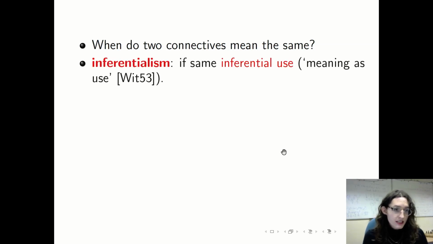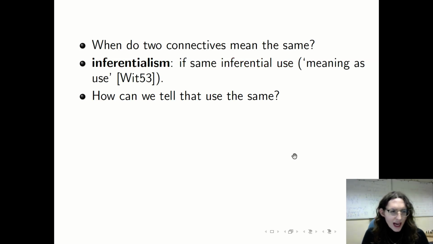Proof-theoretic semantics' standard answer to that question is that of inferentialism. That means two connectives mean the same if and only if we use them in the same way when we do inferences with them. So we use them the same way when we reason with them. Something that might be nicely captured by Wittgenstein's famous dictum, meaning as use.